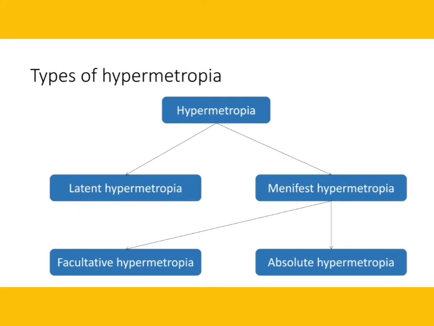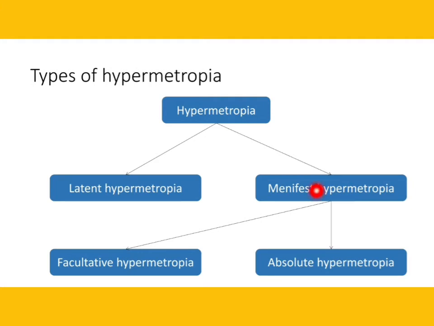You can rule out this latent hypermetropia by using cycloplegic drugs like atropine, cyclopentolate or homatropine, depending on the age of the patient. After using those cycloplegic drugs it will paralyze the ciliary muscle, so that the person's eye cannot use his accommodation ability to correct the amount of hypermetropia. So the latent hypermetropia cannot be corrected.